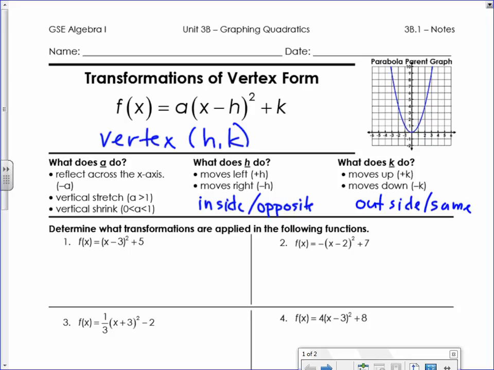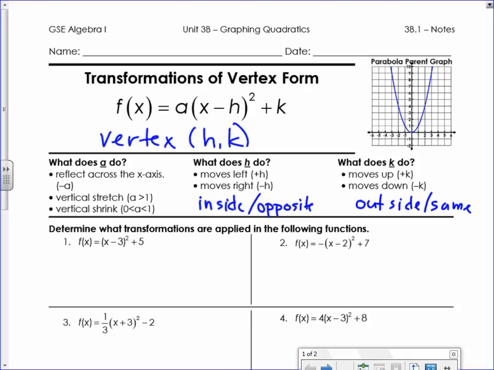So let's recap this. What does A do? It tells us if it's a reflection. Saying that it's a reflection is the same as saying it opens up or down. So if the parent function opens up, and it's being reflected, that means it's going to be opening down. That's a reflection, okay? If A is greater than 1, that's a vertical stretch.